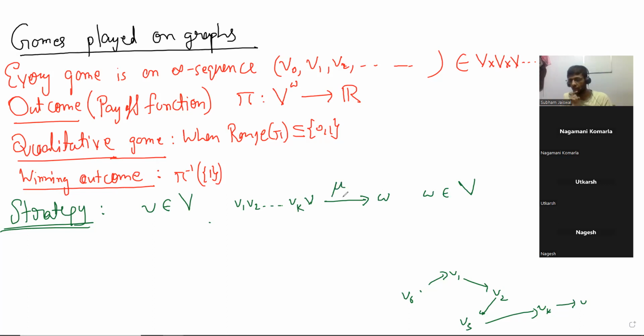This we will call nu. This will be our strategy nu, but obviously there will be some conditions on this function, right? What are the conditions? If nu of this thing is equal to w, this implies that v comma w is an edge. So tell me, what should be the conditions on this function?